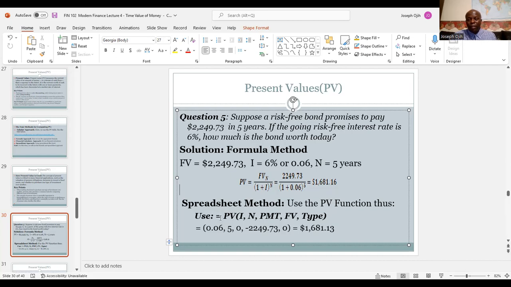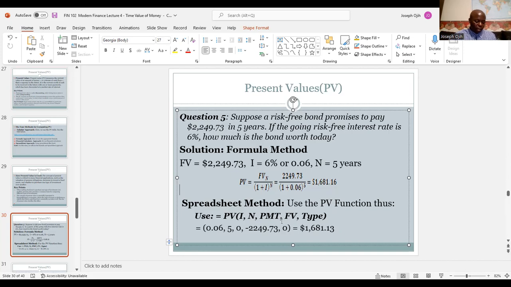Remember to put the equal sign first in the Excel field so that it will be in the ready mode. PV, interest, number of years or number of months, payments. There's no payment until the bond matures according to this question. Then future value, which is the amount that you're expecting to receive on the bond, and the type is paid at the end of the period, so it's going to be 0.